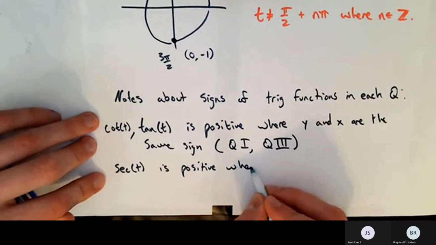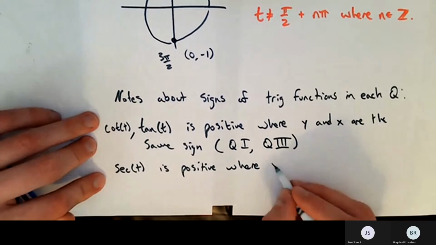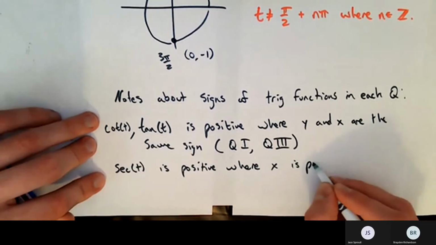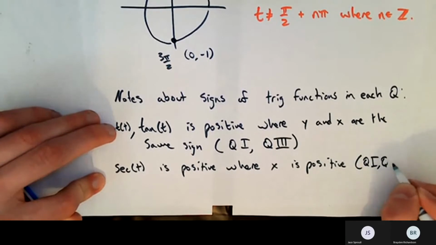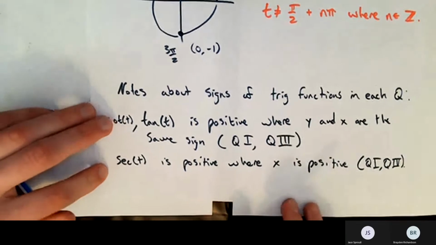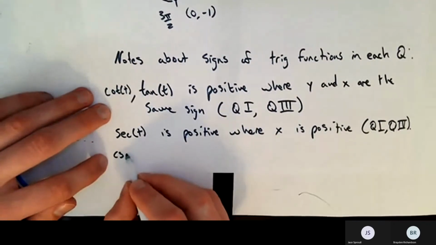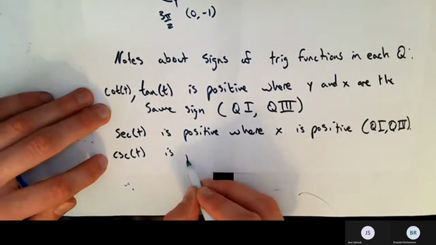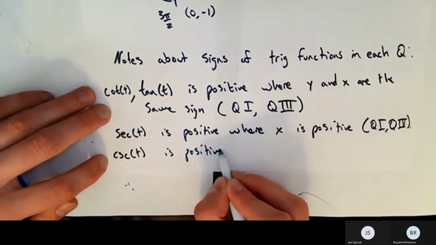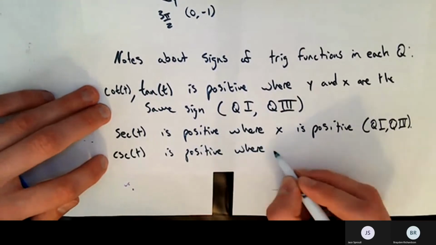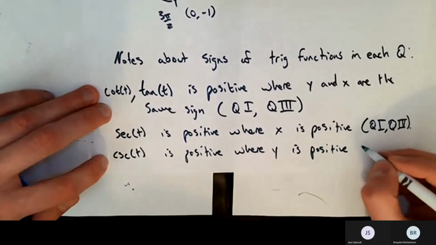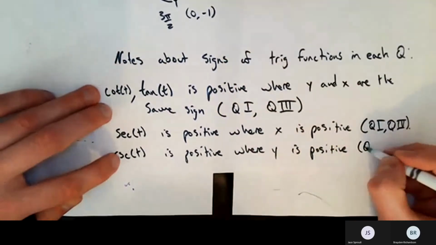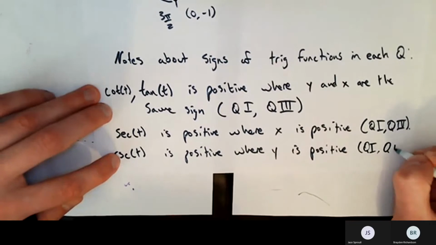So it's going to be positive wherever cosine was positive, where x is positive. That's quadrants 1 and 4 on the right side. And cosecant of t is positive where y is positive. And that's going to be in the top, so quadrant 1 and quadrant 2.